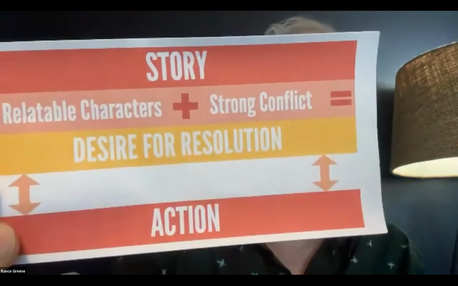Yeah, need to resolve. And then Shamail, you put it into the story design terms that we use for that, which is a desire for resolution. So when your story puts relatable characters into strong conflict and produces this desire for resolution within the learner, the story has done its work.